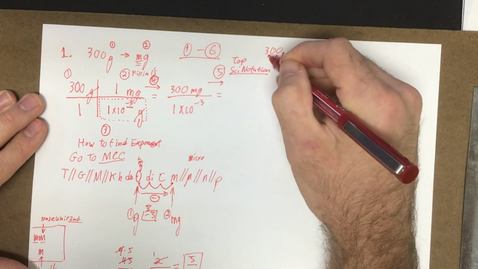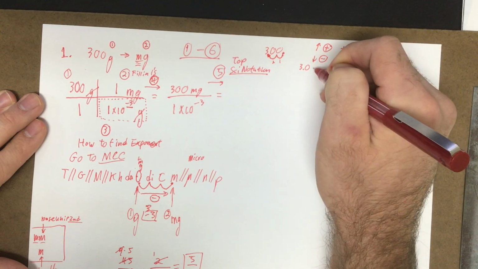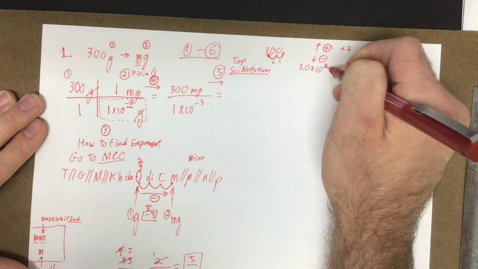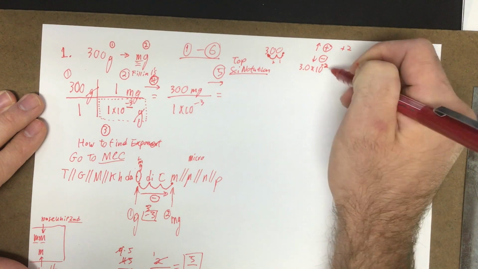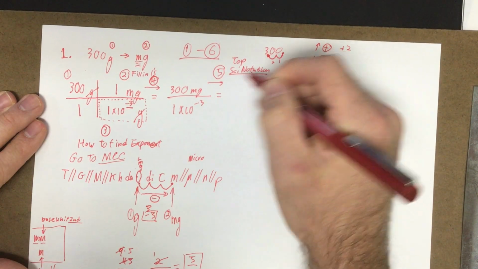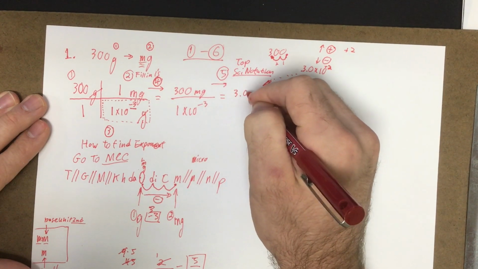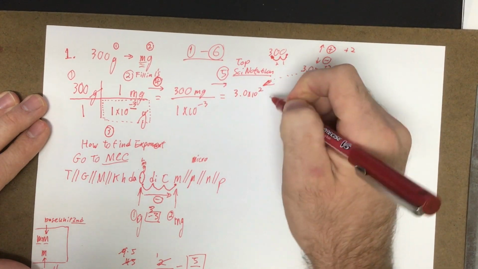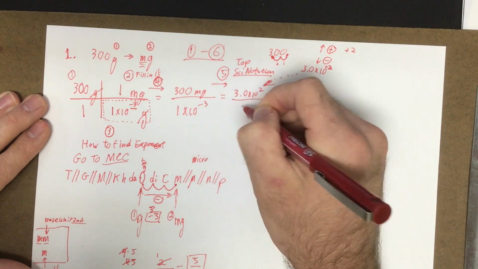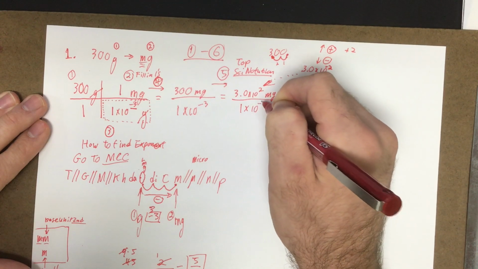So we're going to have the new exponent there, so 3.0, and then times 10, and now we put in our exponent, and that's going to be a positive 2. So now I put that back into our problem. I've got 3.0 times 10 to the positive 2 milligrams over, now we bring over our bottom, 1 times 10 to the negative third.